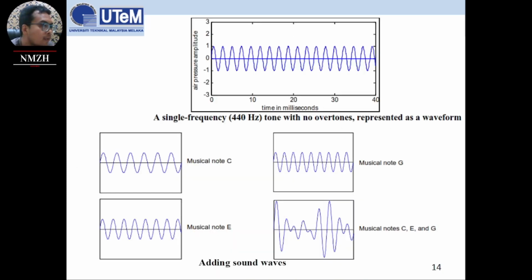We can take a look over here: a signal of frequency 440 hertz tone with no overtone represented as a form. Note C is on the left top, note G is on the right top, note E is on the left bottom, and the combination of C, E, G is the bottom right.